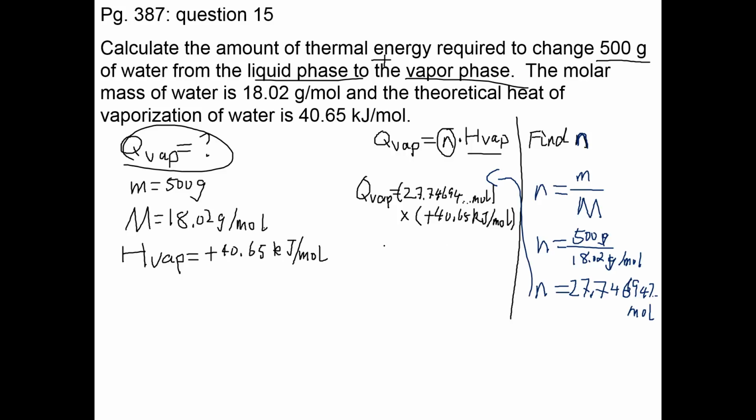It may be helpful to convert it to joules, but I'm not going to do that here. So multiply them out. Remember, use exact values. Do not round. Use whatever digits you have on your calculator. So I'm going to use that, multiply by 40.65 kilojoules per mole.